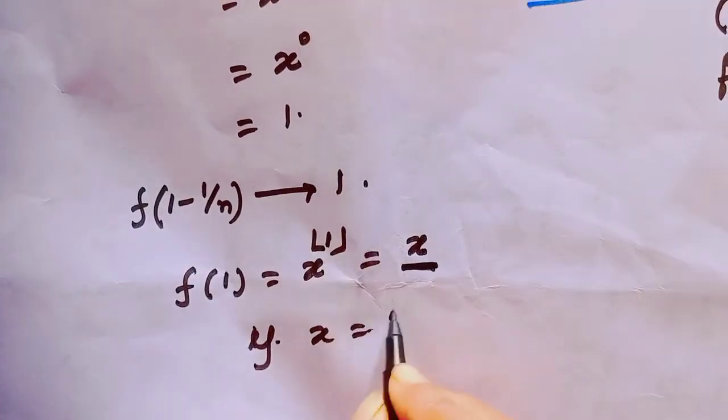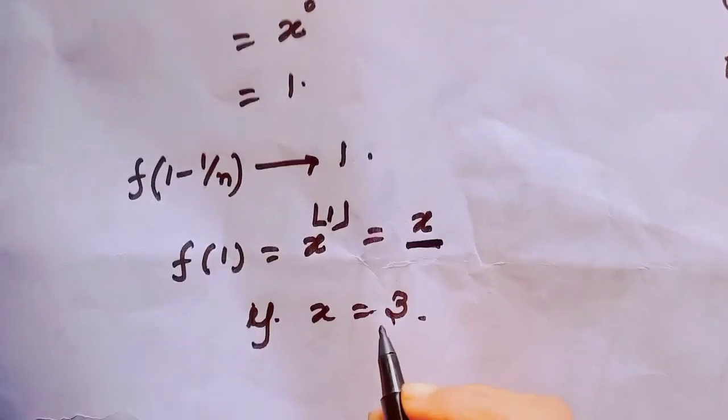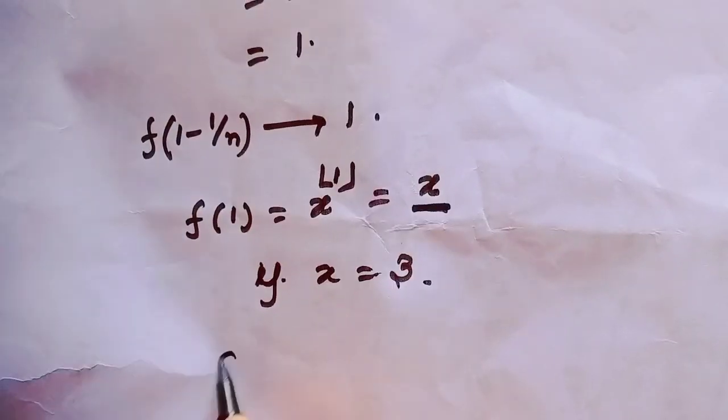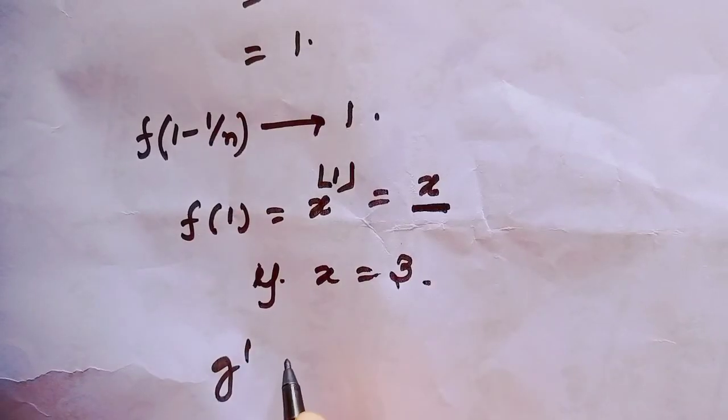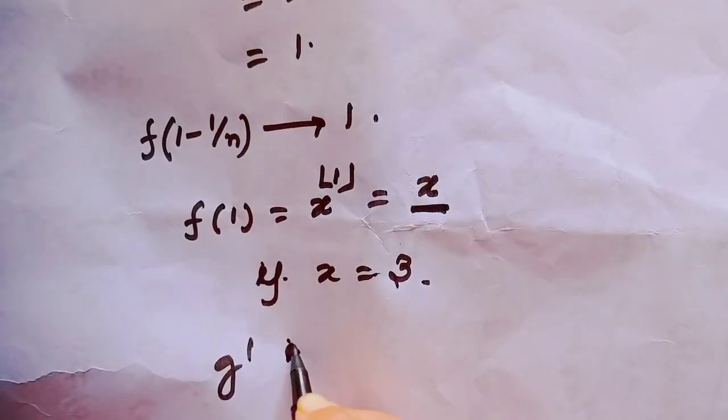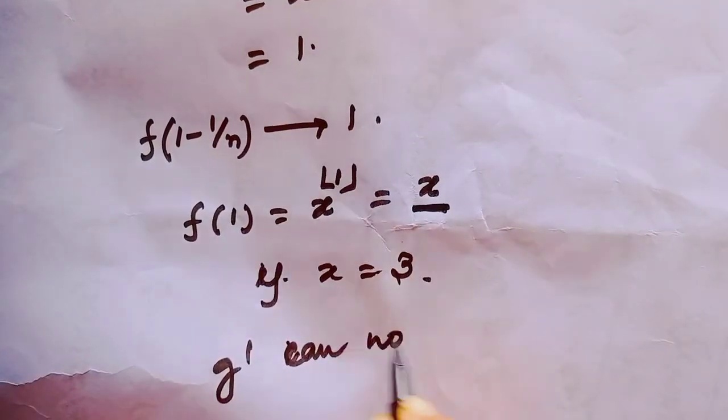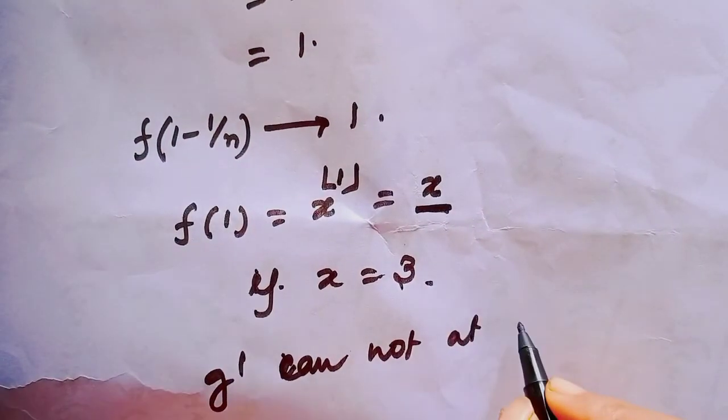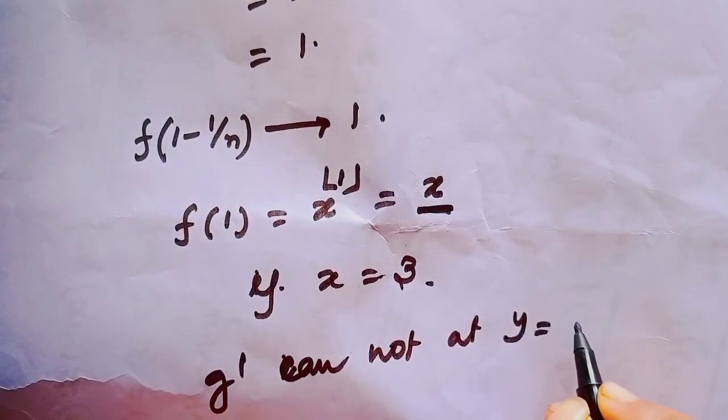For example, if you take x equal to 3, then this new function z dash cannot be continuous at the point y equal to 1.